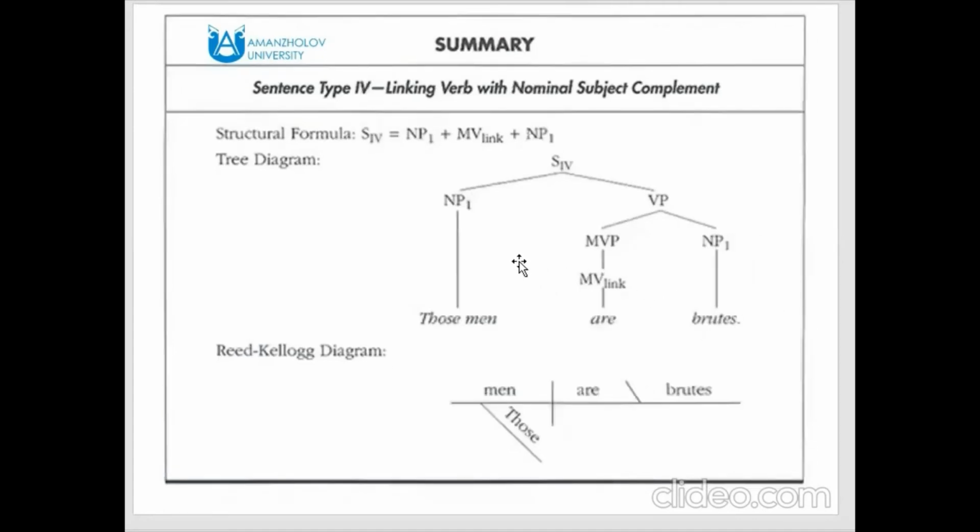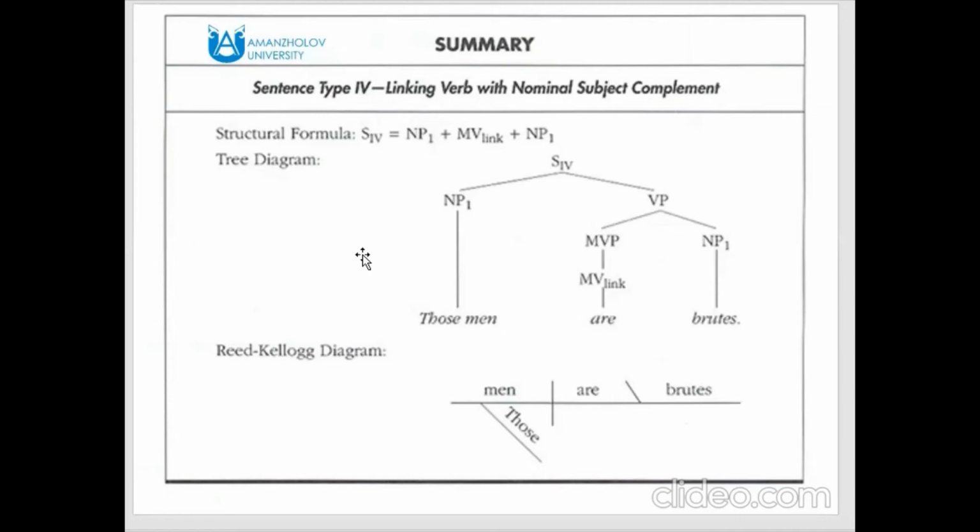So, sentence type 4, the linking verb type with nominal subject complement. These sentences contain verbs that link the subject with a subject complement in the predicate, but in type 4 sentences, the linking verb is followed by a nominal constituent, that is, a noun phrase functioning as the subject complement.